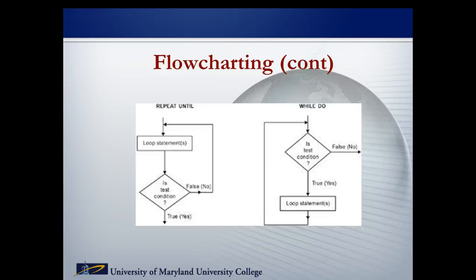It gets into that loop and repeats the contents of that loop a specific number of times, and that's based on conditions and so on and so forth. So in this illustration, this has a repeat until figure that can be used in our flowchart, or a while do.